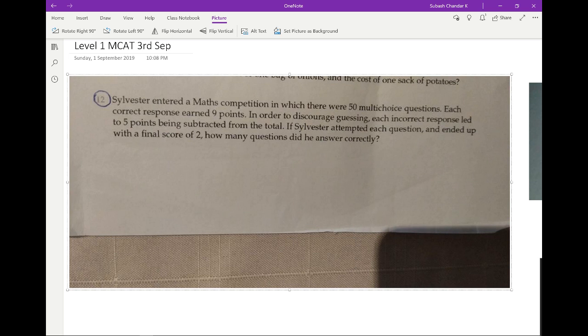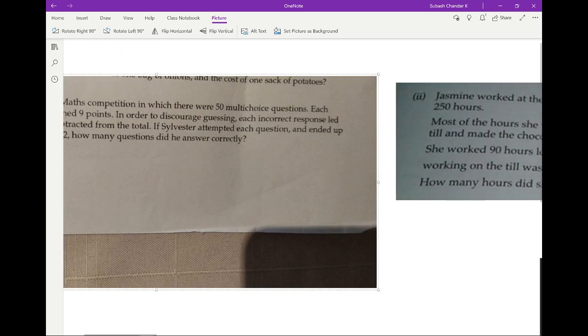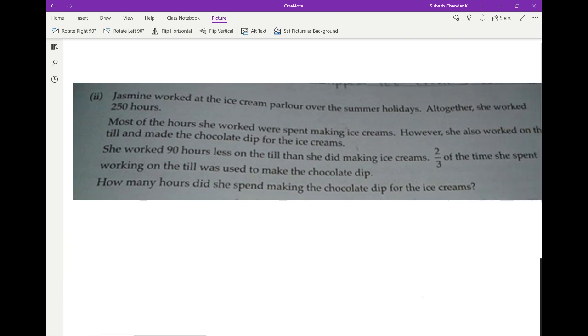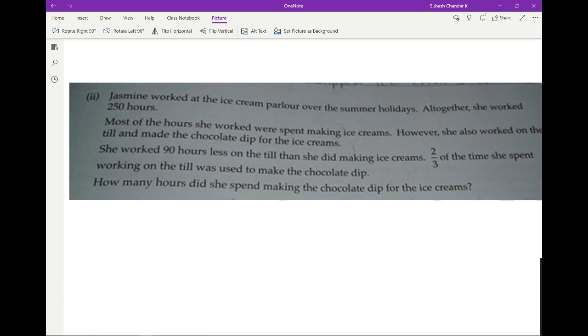But anyway, I'll show you guys the type of questions that we're going to be doing today. There's going to be about 5 questions that I want to focus on. And then after that, depending on how much time we have, we can actually look at some other questions as well. So the first question, we're going to be looking at this particular one here. And then a second one is another big word question.